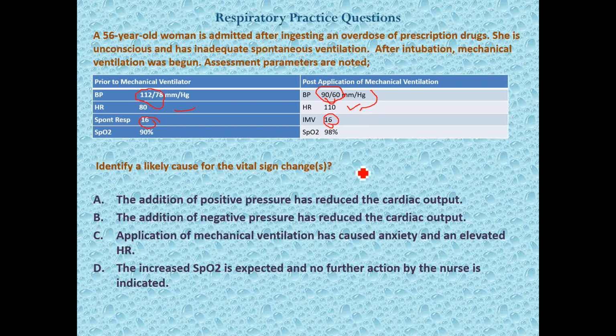And what has happened is the addition of positive pressure has reduced the cardiac output. So let's talk about that. What does that mean? Well, all modern day ventilators that are currently in use apply positive pressure. And you don't have to know the mechanics unless you want to. Inquiring minds, email me.